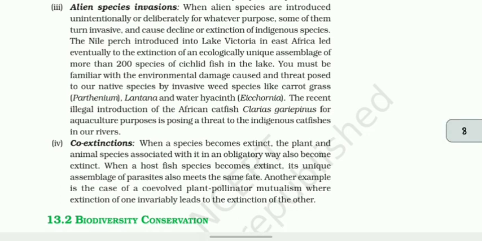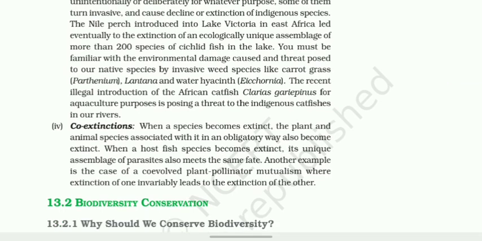When alien species are introduced unintentionally or deliberately for whatever purpose, some of them turn invasive and cause decline or extinction of indigenous species. The Nile perch introduced into Lake Victoria in East Africa led eventually to the extinction of an ecologically unique assemblage of more than 200 species of cichlid fish in the lake.